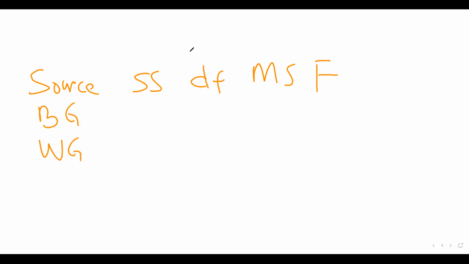Now, we have the sum of squares, that's the SS. Please note that. The sum of squares will capture the between and the within. The first one is known as the SSG, the group sum of squares.